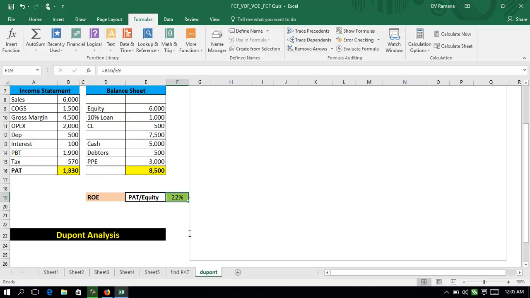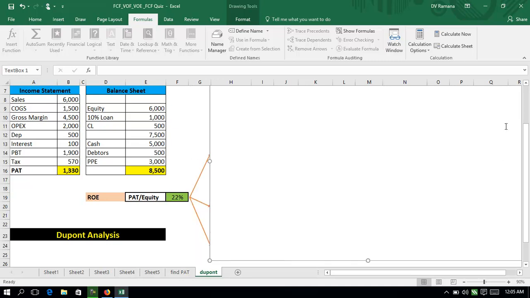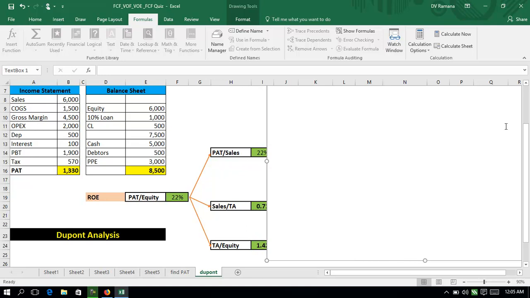But in order to understand the drivers of the return on equity, we have to segregate or decompose the ROE using the DuPont framework. According to the DuPont framework, the return on equity can be divided into PAT by sales, sales by total asset, and total assets by equity.